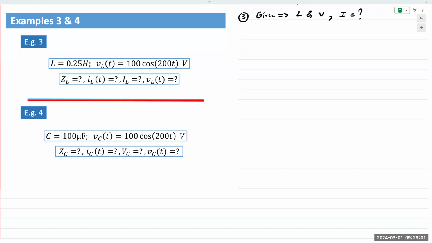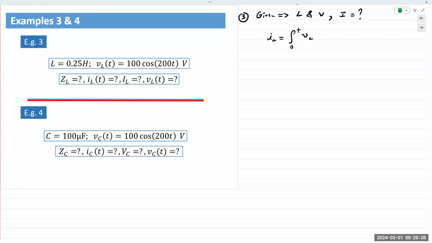What do we need to do to find the inductor current from the inductor voltage? Inductor voltage is L di over dt. So if you need to find inductor current, typically you would integrate the voltage from 0 to t. Anyone remember that? Two chapters ago.